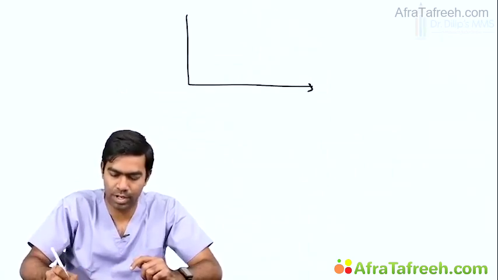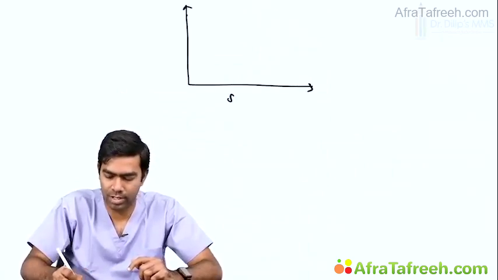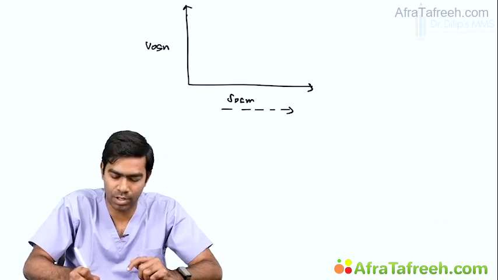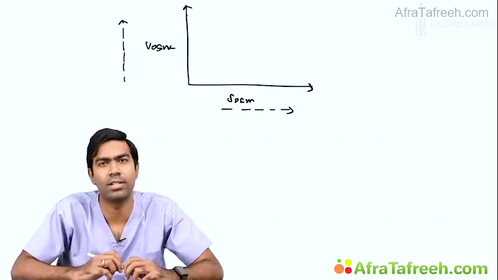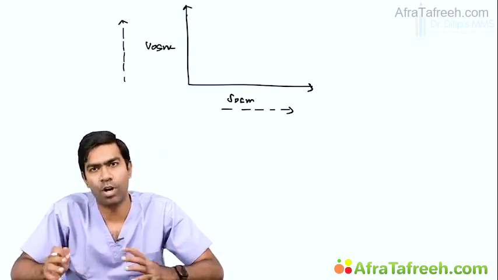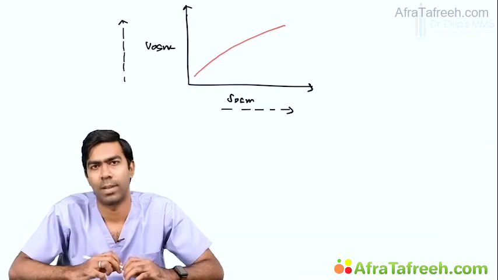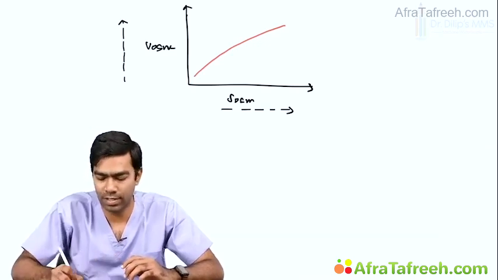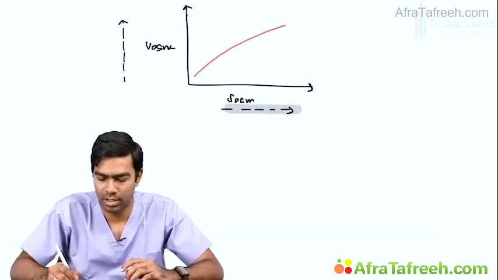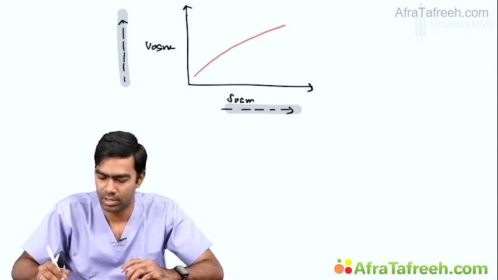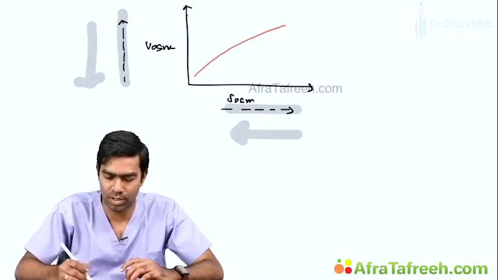Let me show you that. If I plot it in a graph, you will understand it better. I can write serum osmolarity here, increasing in this direction, and urine osmolarity here, increasing in this direction. If you plot serum osmolarity and urine osmolarity, the graph behaves something like this. Whenever serum osmolarity increases, the urine osmolarity also increases; whenever it decreases, the urine osmolarity also decreases.